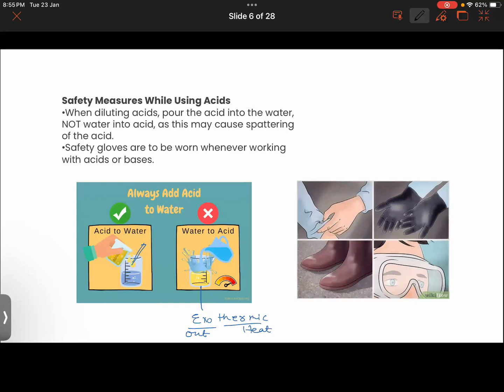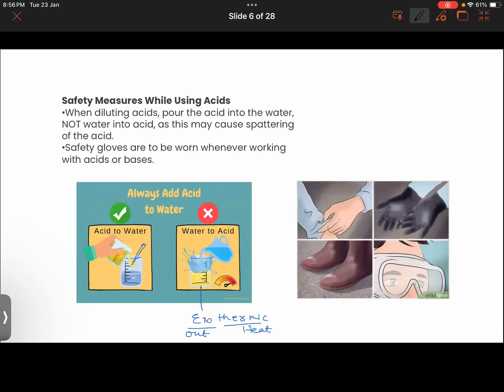Yeah, Chakrika, you were saying something. Yes, sir. I was saying that even when we add acid to the water, still heat is evolved, right? Even a little bit, it will evolve. When you touch the glass beaker, you will feel it becomes warm.